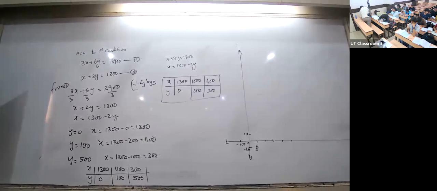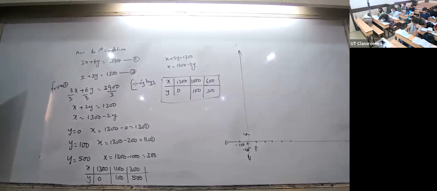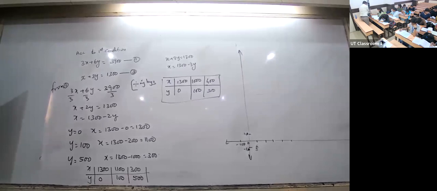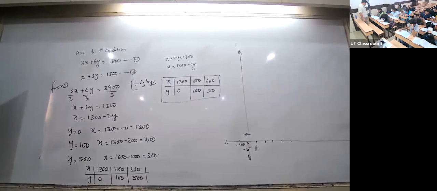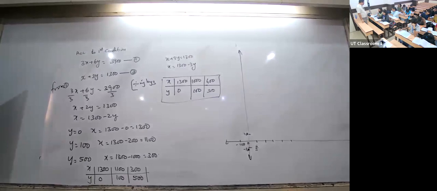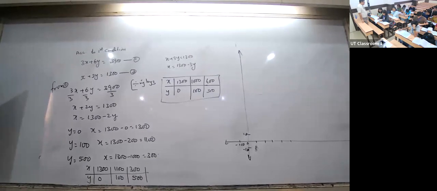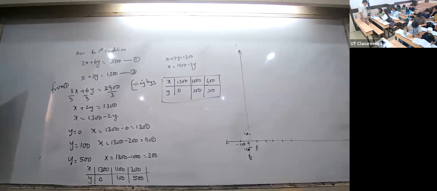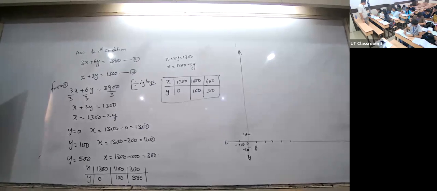You cannot keep the graph inside. What is your problem? 1000. Where is your one? Where did you plot? Show me where you plotted. Where is your scale? That is the problem now. One scale. Even this, where is 1300?